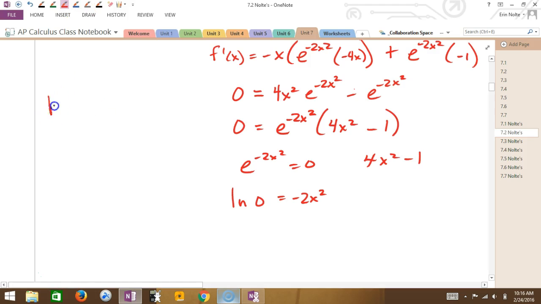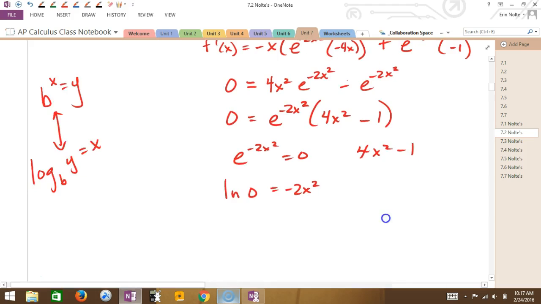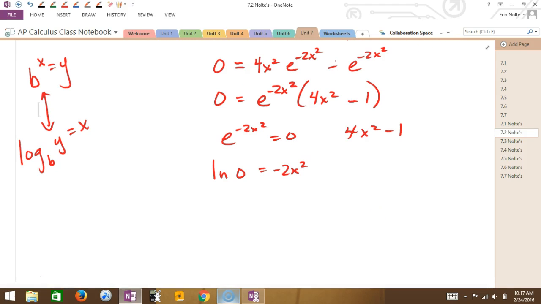If you have b to the x is equal to y, the equivalent logarithmic form would be the log base b of y is equal to x. So those two things are equivalent. Remember that? That was a while ago. Okay, so what's the natural log of 0?